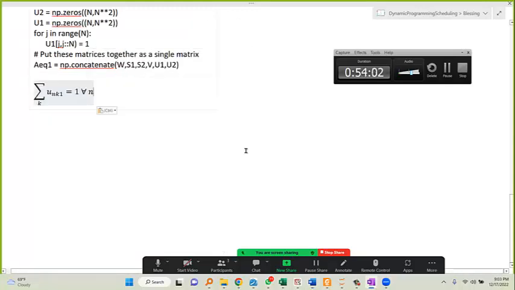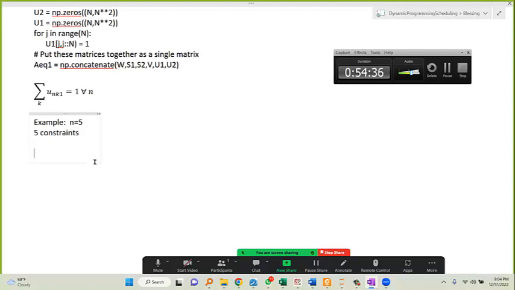So you tell me, how many constraints are there? How many values of n are there? As an example, n equals 5. So in this case, we have 5 constraints as well.